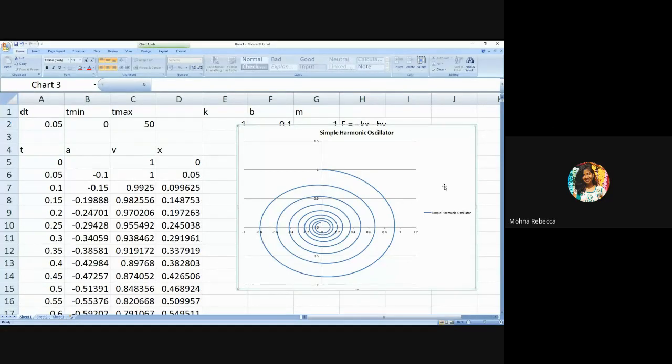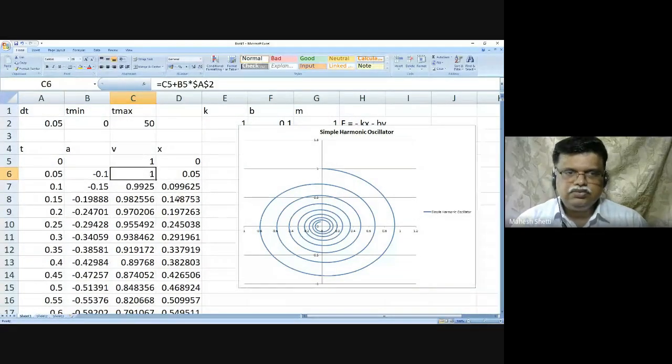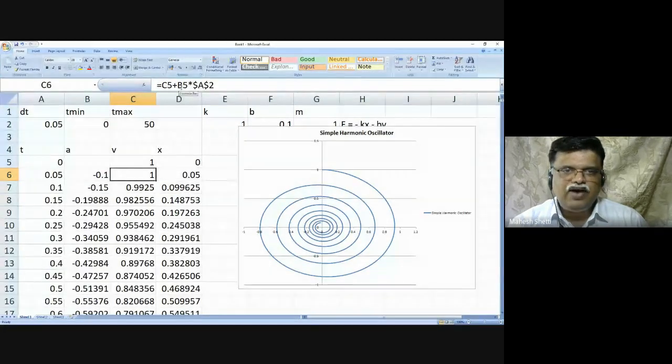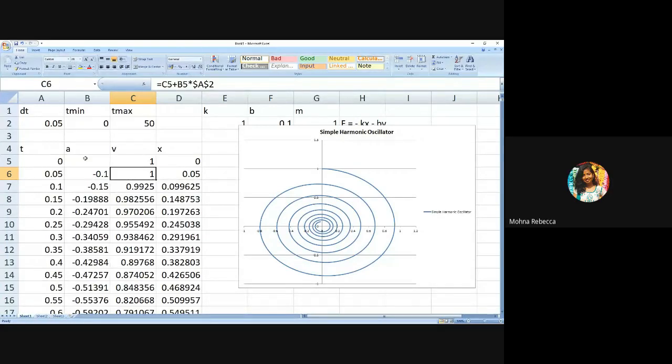So here the second value of velocity is not depending on the first. It is depending on the first. You see, it is C5 plus B5 into $A$2. Now, the B5 itself is 0. Right.